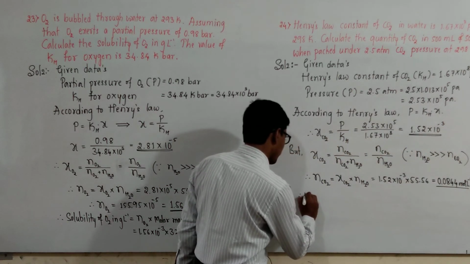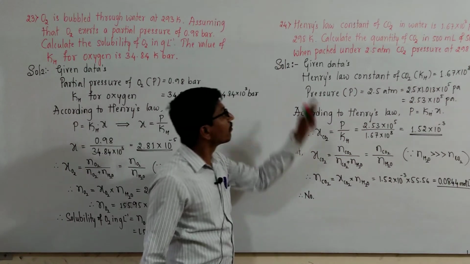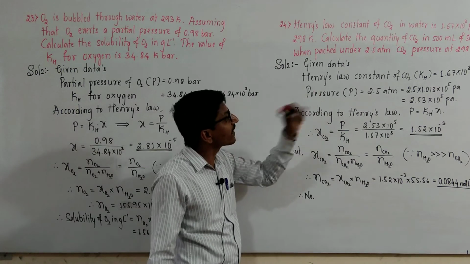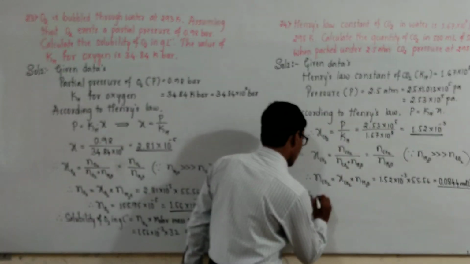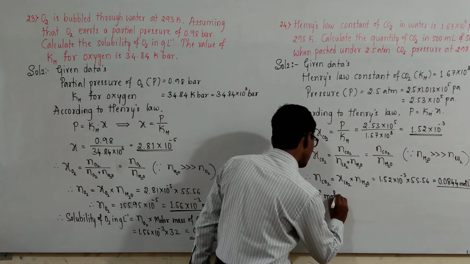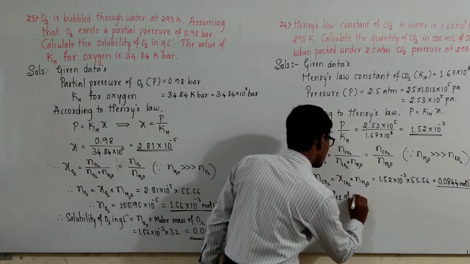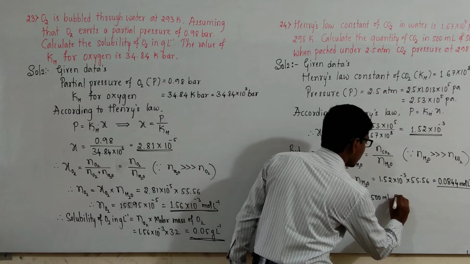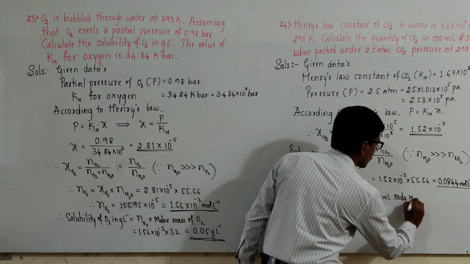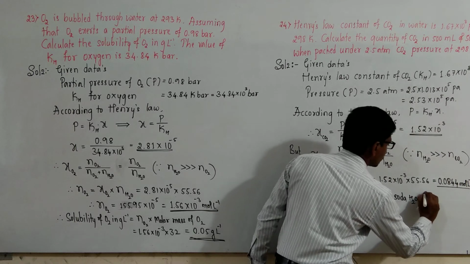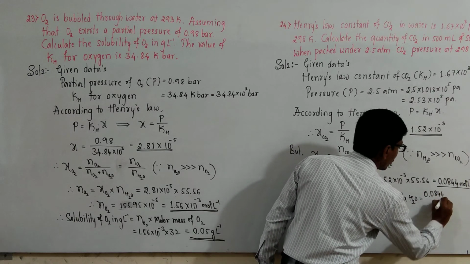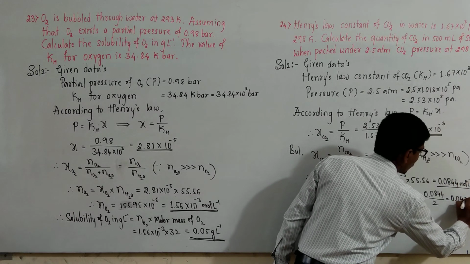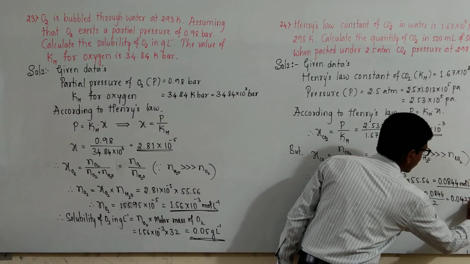Therefore, what we need is the number of moles of CO2 present in 500 ml of soda water. Number of moles of CO2 in 500 ml soda water is equal to 0.0844 divided by 2, which is equal to 0.0422 mole.